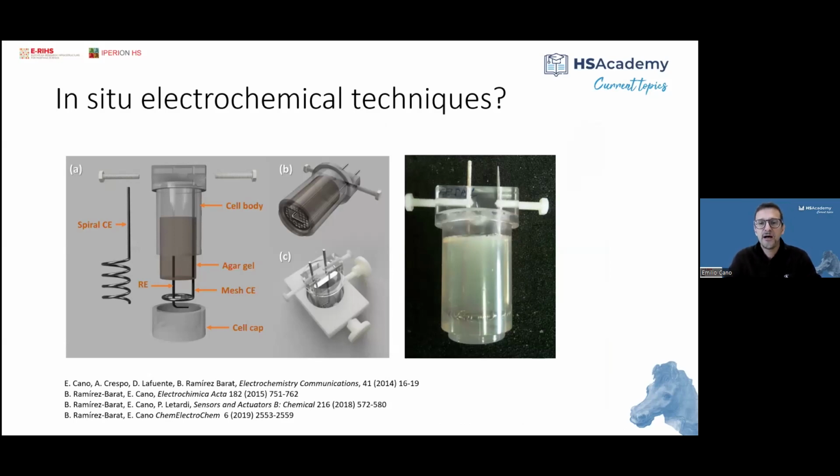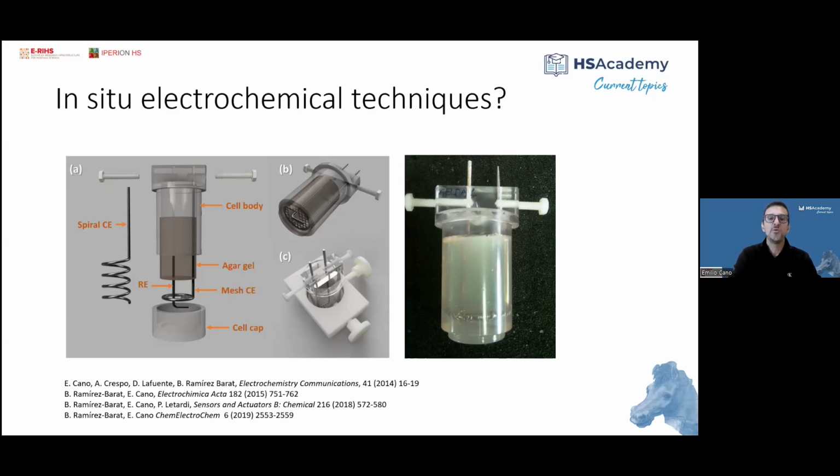To make it brief, you can see here the elements I already mentioned in the scheme on the left. You see that we have the counter electrode and the reference electrode. We made the electrical contact for the working electrode with the statue itself.